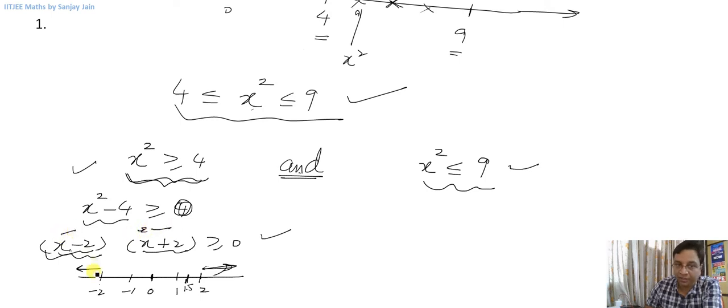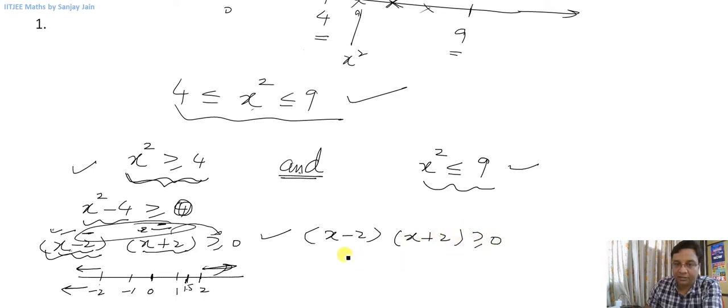If I place anything lesser than -2, both brackets will be negative, the product of which will again become positive. Or you can watch my quadratic equation lecture, then by simply looking at it you can deduce that x will be greater than or equal to 2 or x will be lesser than or equal to -2.